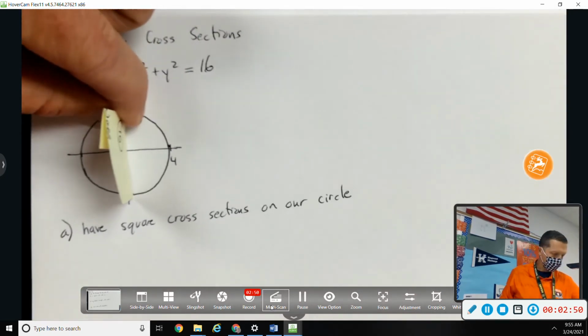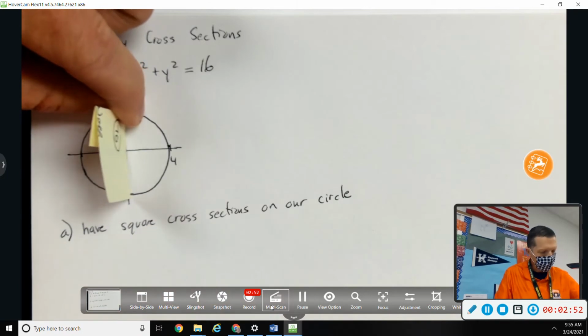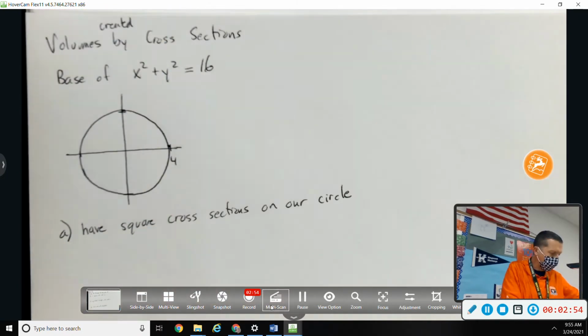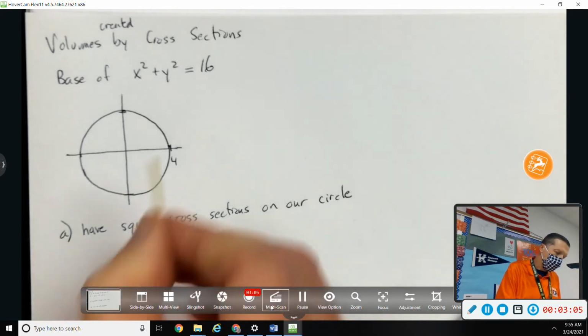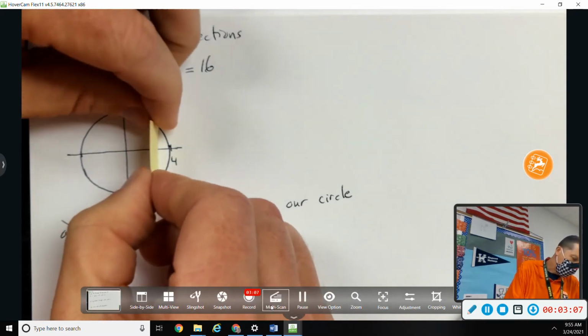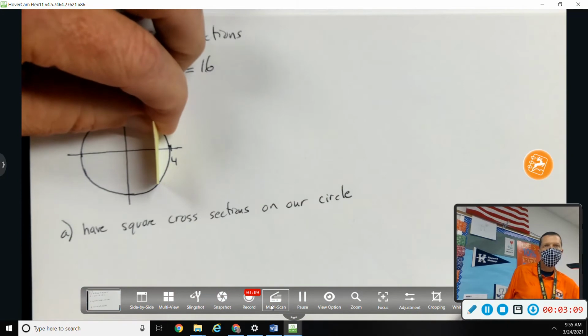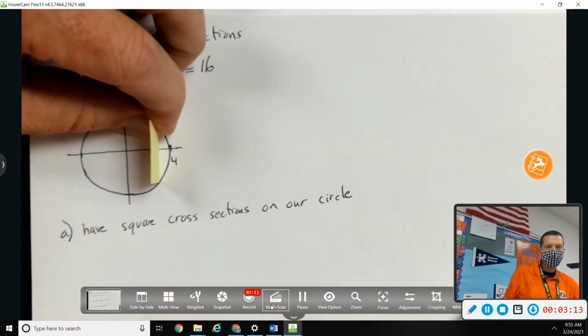And so there's a square there, and then there's a square next to it, and next to it, and next to it, but they get smaller and smaller. See if we can make some smaller squares here. So maybe there's a square right there. It's sort of set in the circle, but it comes up out of the page.